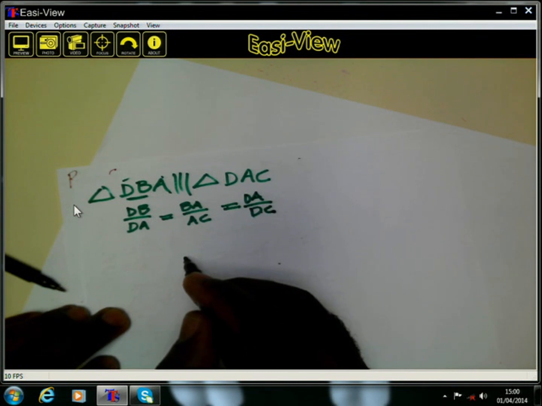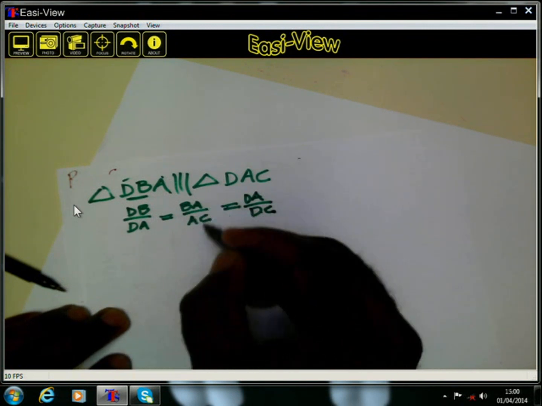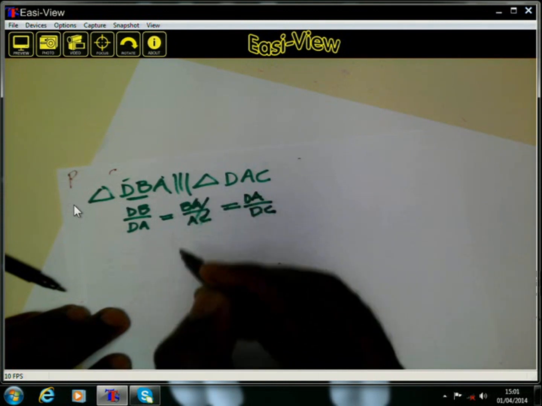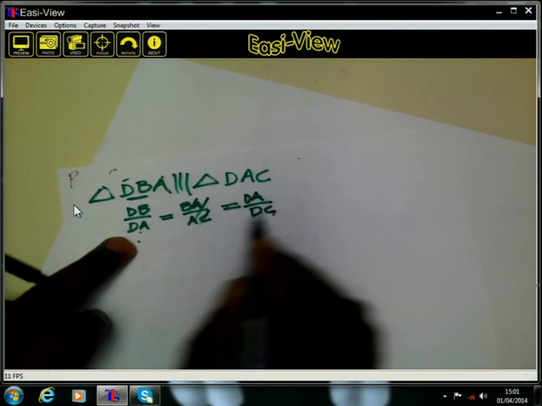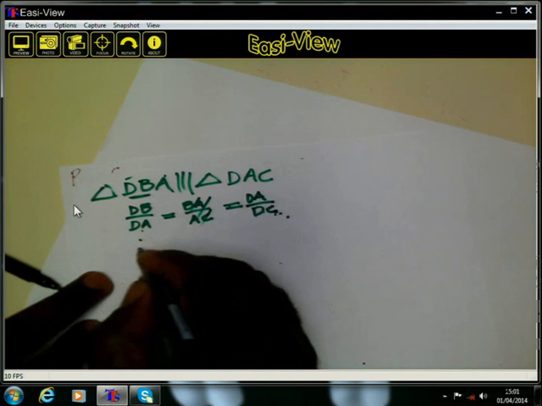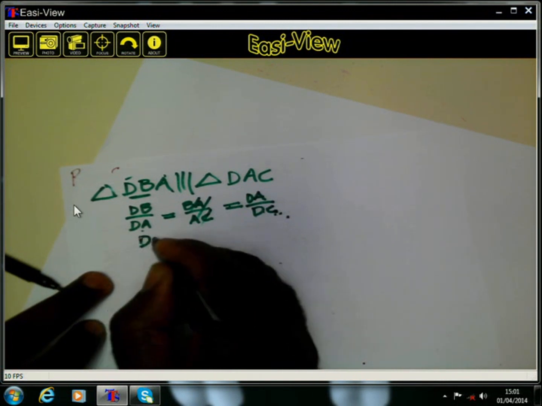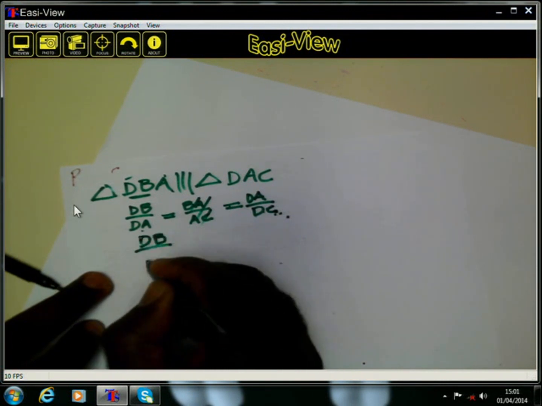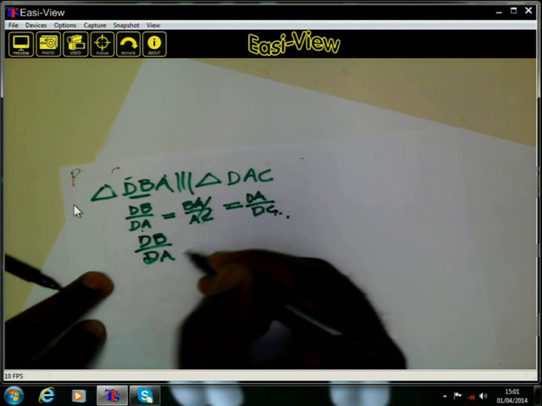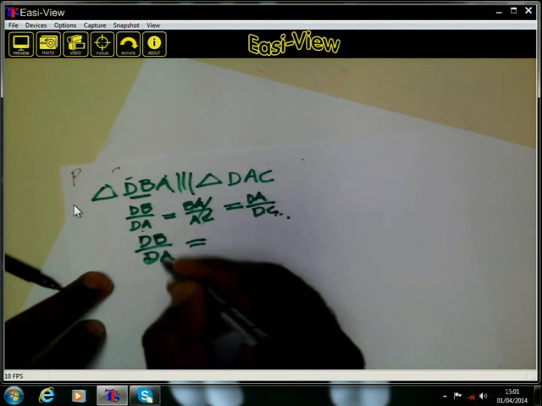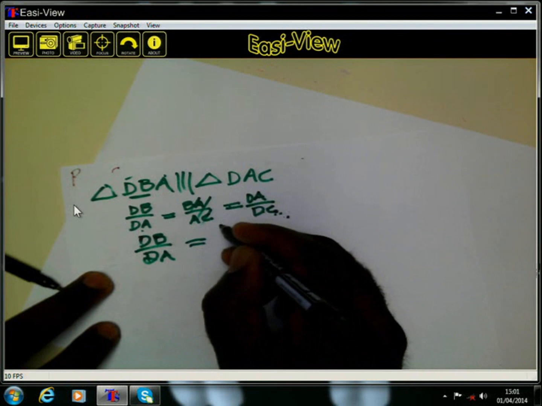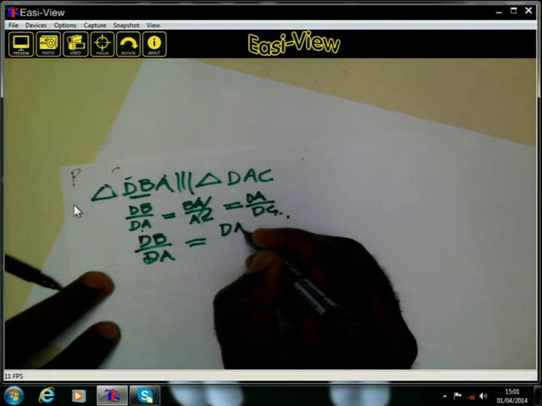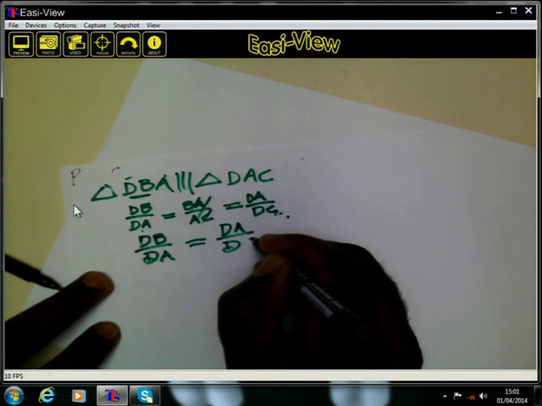Also being equals to that. Now it means, since I cannot come up with a conclusion for this, I can stick by these two relations, wherein now I'm going to have DB over DA being equals to, because they are in proportion, DA over DC.